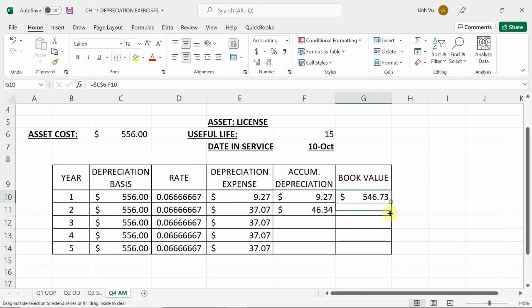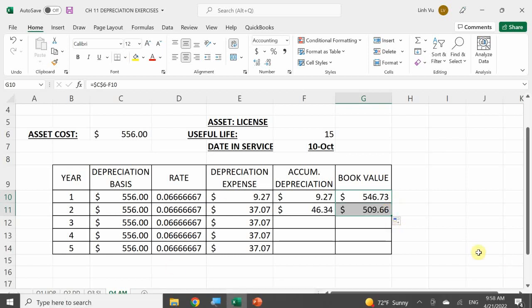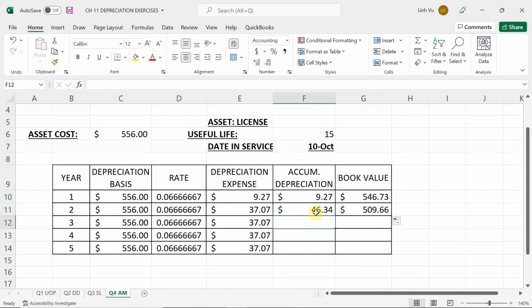So you need to take your 556 minus this to get 509.66. What about my accumulated depreciation for the next year? 83.41. Good. And 472.59.